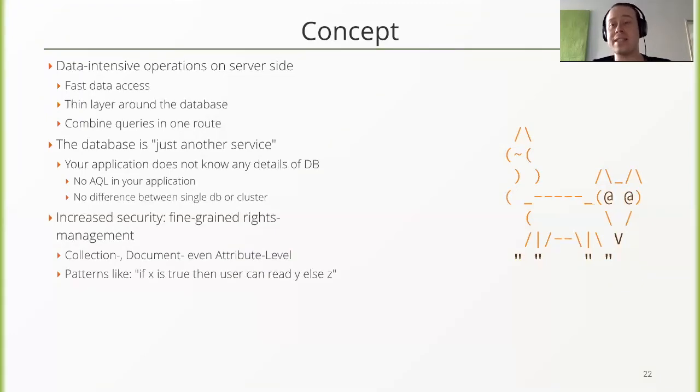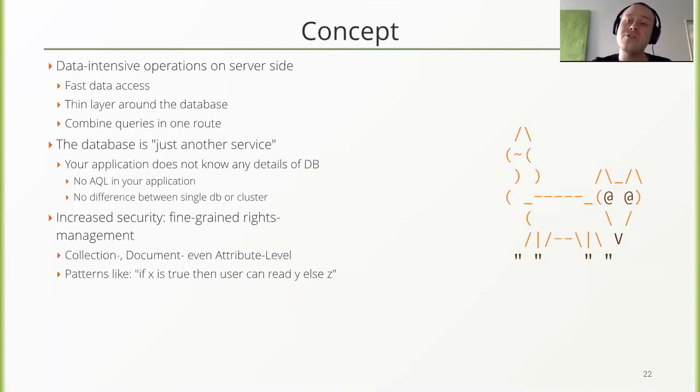And you can combine several queries inside a route. So the use case that we have, for example, is you have a fast query that returns some documents that you want to present to the user. So for example, recommendations, like please look at this or that as well. But you always want to present 10 items to the user. And the fast query probably just returns less than 10 items.